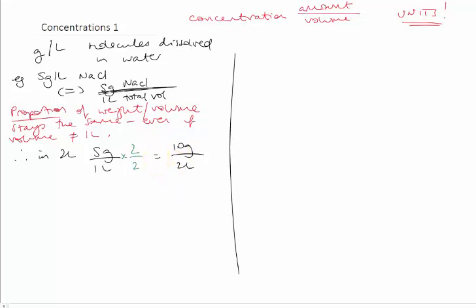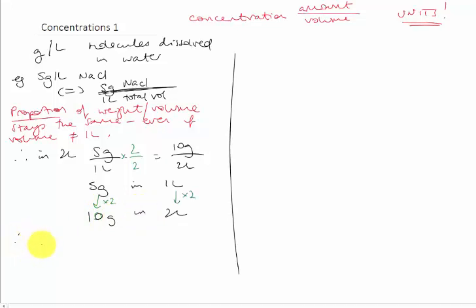The way I prefer to do these calculations is in the following manner. If we've got 5 grams in 1 litre, I like to use little arrows, and we're going to 2 litres. So we need to multiply by 2, and therefore we need to multiply the mass by 2 as well, and that gives us 10 grams in 2 litres.